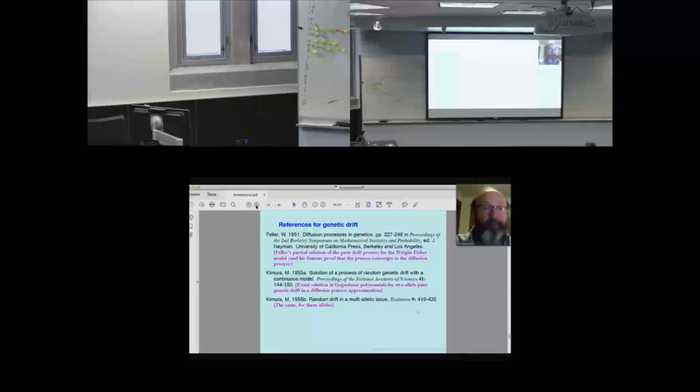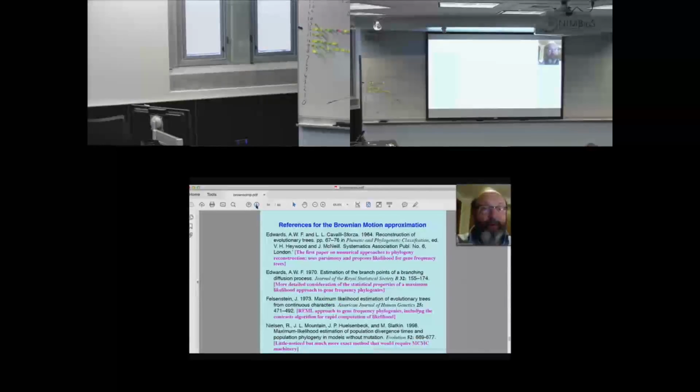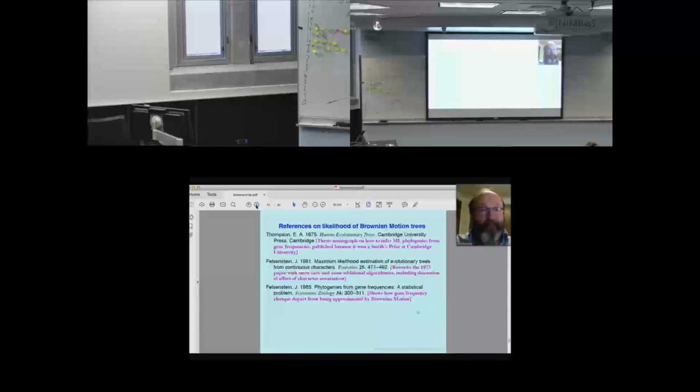Here are papers on genetic drift, on the population genetics of genetic drift. I have some of the papers that I've mentioned on the use of the Brownian motion approximation for gene frequencies. There's a literature on how you get likelihoods for the trees. We didn't talk about that because we're assuming the tree is given to you by molecular data.